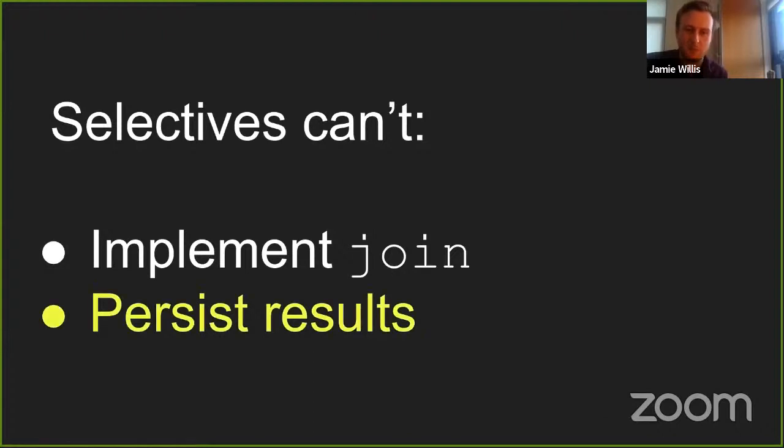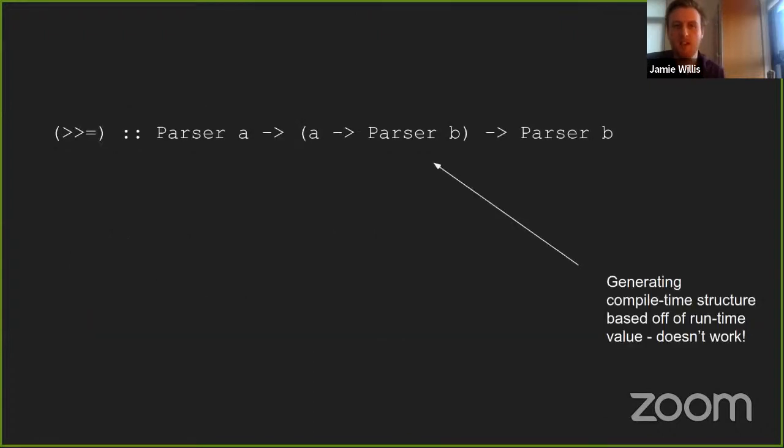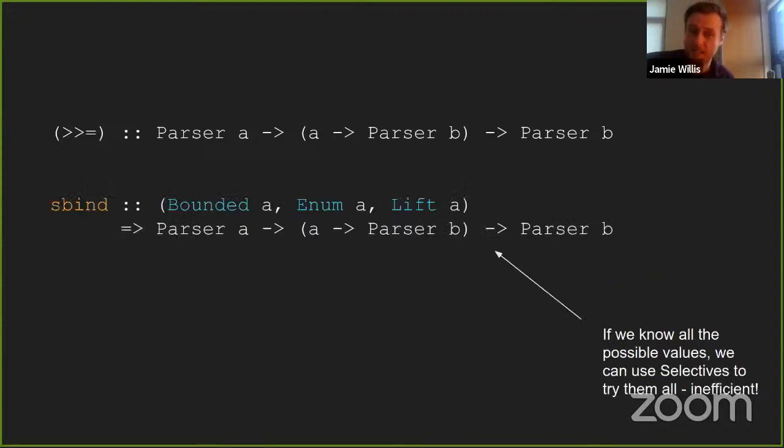Let's focus on the second one of those, persisting results. So here's bind, our old fan favorite, and it takes a parser, it takes the result out at runtime, and it uses that to build more structure, but that should have been at compile time, so it's no good. Selectives can do something similar. It's the sledgehammer approach.